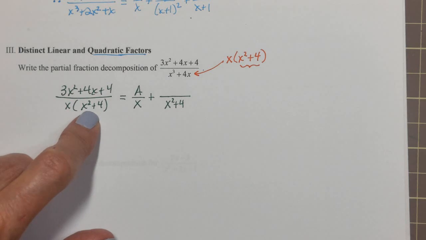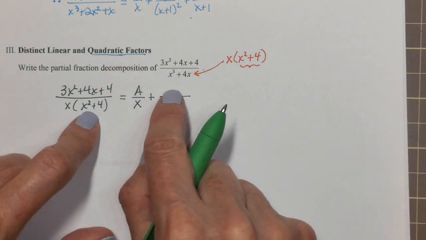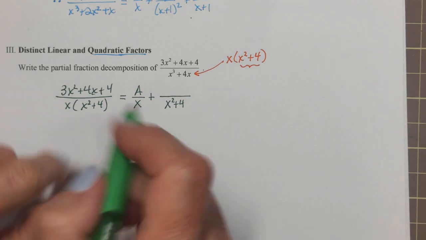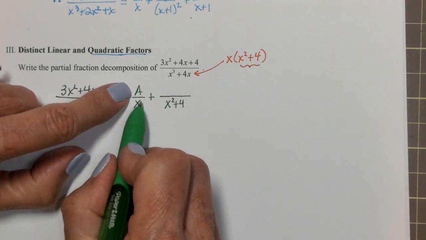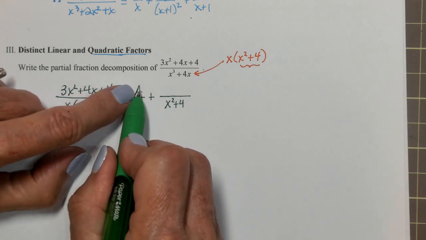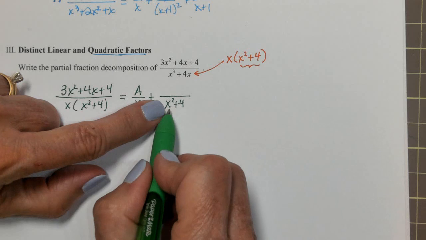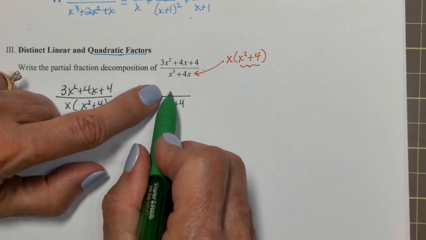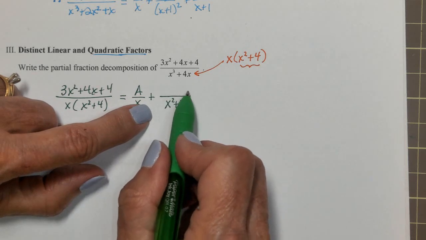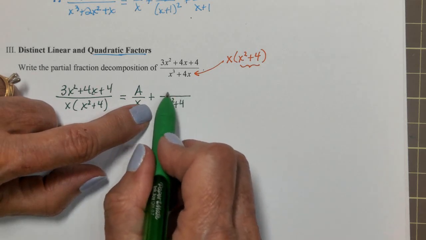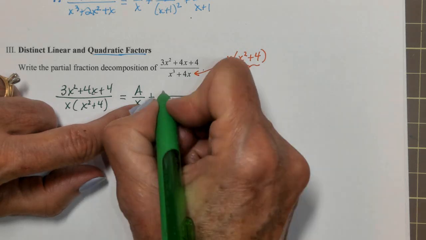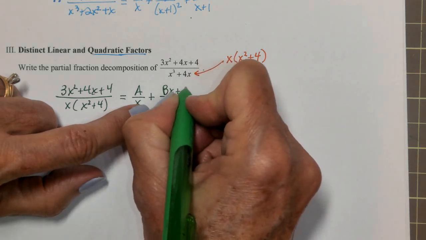However, what can be up on top? A is just a number because I have a linear, a power of an x to the first on the bottom, so there cannot be x's on top. But here I have x squared, so I might have an x on top. I also might have a constant with that on top. So I could have a linear equation up here, bx plus c.